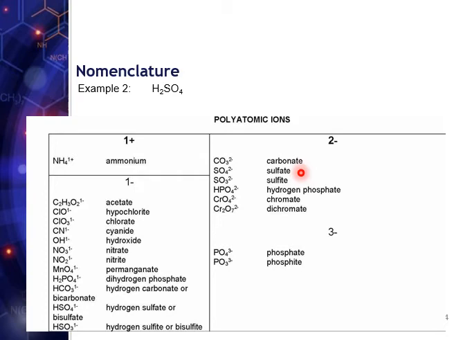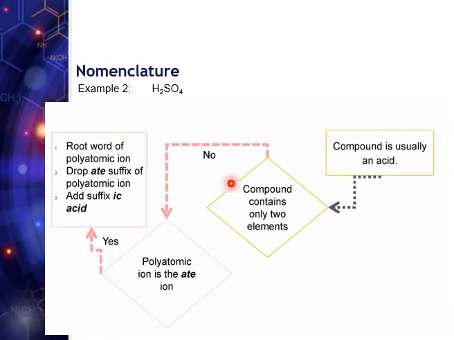It is the ate ion. You drop the ate and add ic acid. So this is sulfuric acid. And notice that you do not have hydro. You only use hydro if you have just two elements. Sulfuric acid. You drop the ate and add ic acid.